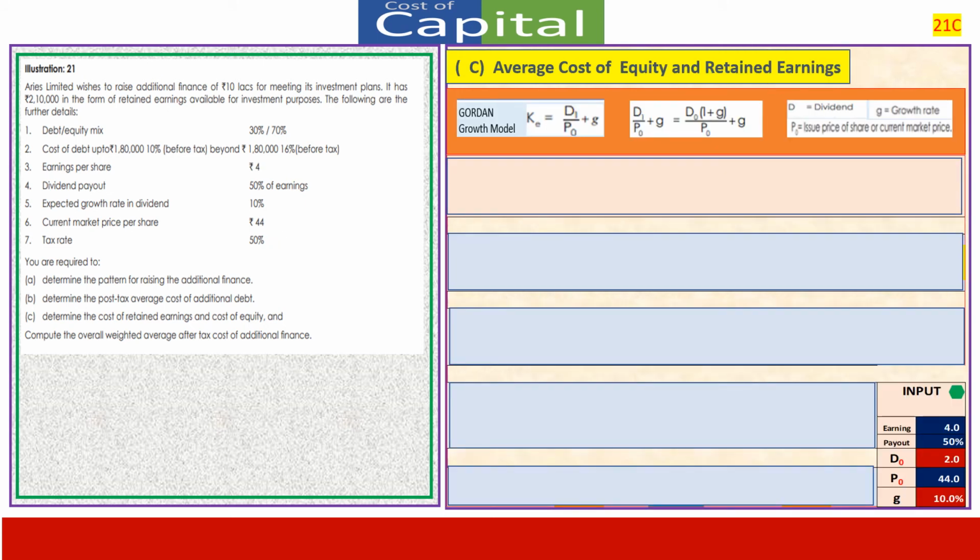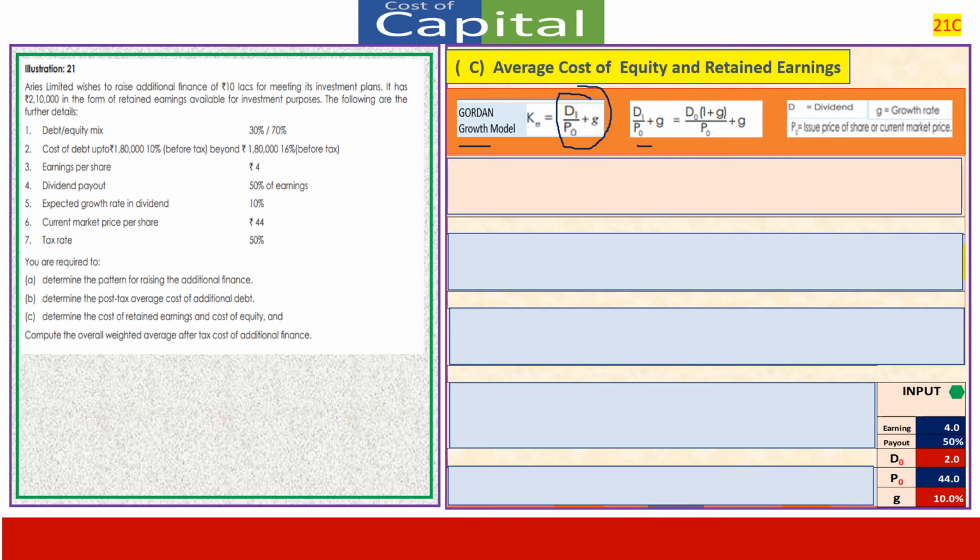average cost of equity and retained earnings. Once again, we have to be conversant with Gordon's growth model, wherein we saw the formula says D1 divided by P0 plus G, which is nothing but D0 into 1 plus G divided by P0 plus G. This is the formula.